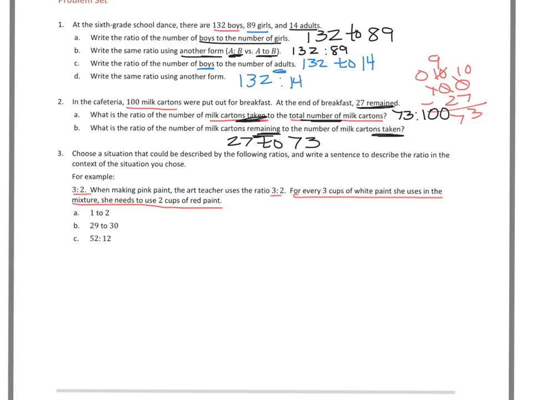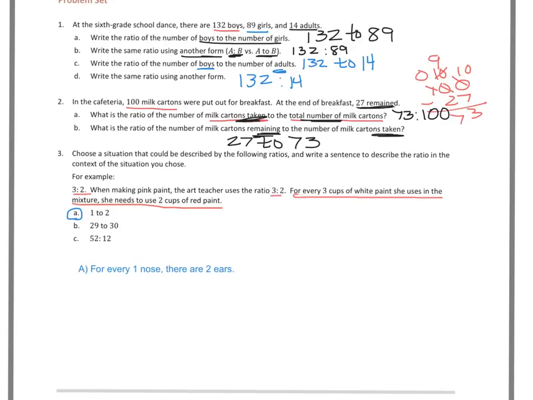The big thing to keep in mind is that the numbers have to be in order. So if it were 1 to 2 for A, then in my situation, I'm going to start for every 1 blank, there will be 2 blank. So I'll get the first one down, and I'm going to say for every 1 nose, there are 2 ears.